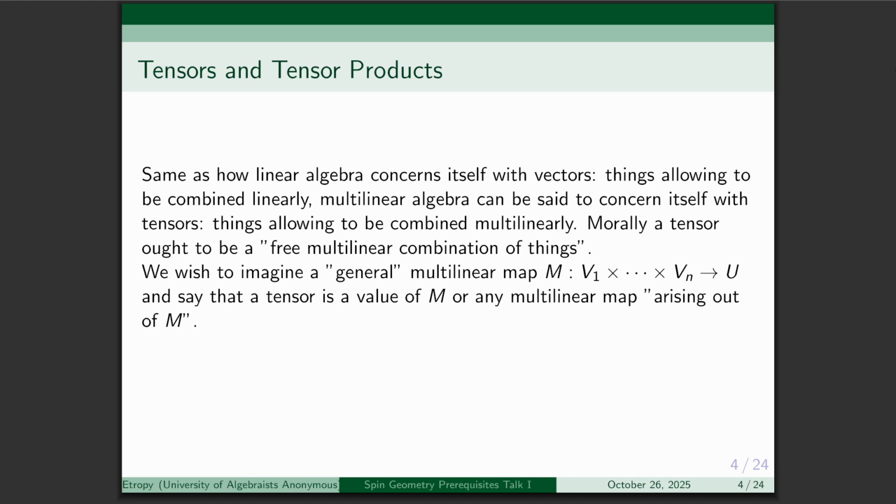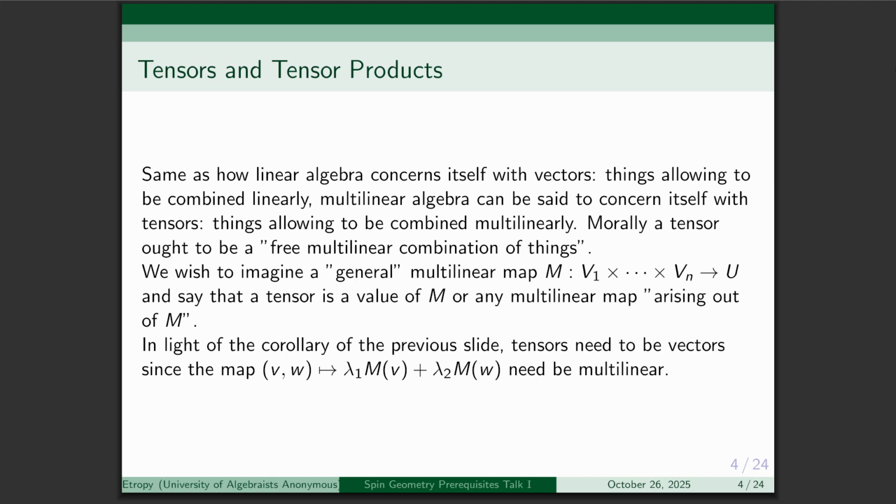And so we wish tensors to be made out of parts, made out of vectors. In fact, tensors themselves should intuitively be vectors, because we've seen that all the multilinear maps form a vector space. And so intuitively, the space of all tensors should also be a vector space.